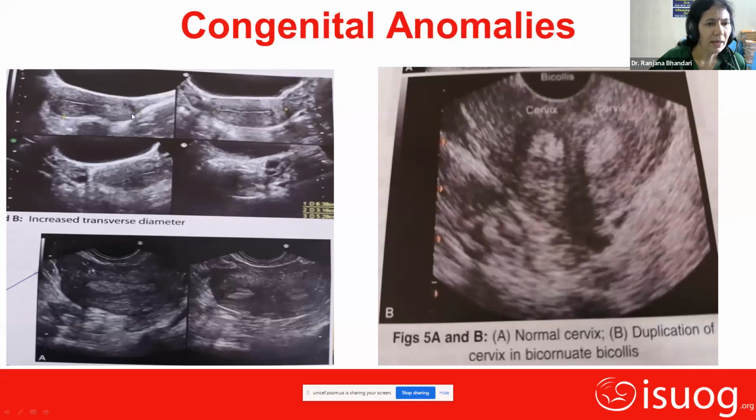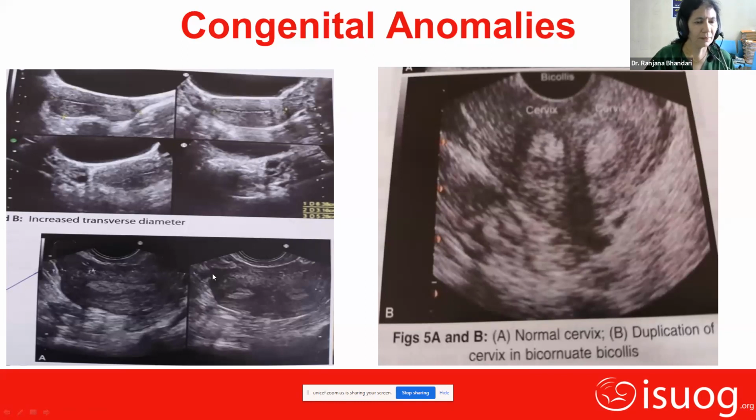As we had seen this slide last time, in the congenital anomalies the transverse measurement of the uterus increases. This one is the transverse. We normally know it is 4 to 5 centimeters, but it increases in dimension.